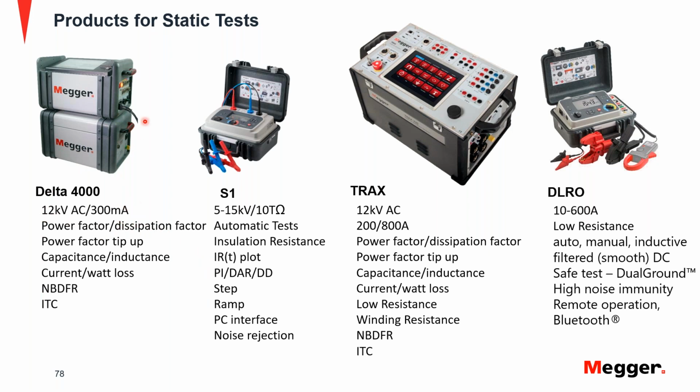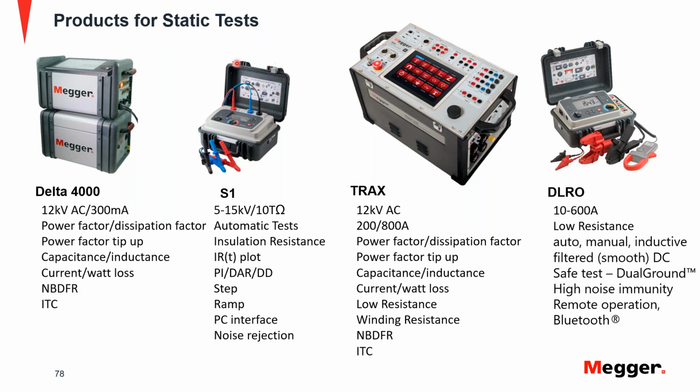It can measure dissipation factor, it can do power factor tip-up, capacitance and inductance, and it can do narrowband DFR. And a very unique thing is that it can do individual temperature correction by doing a narrowband DFR.